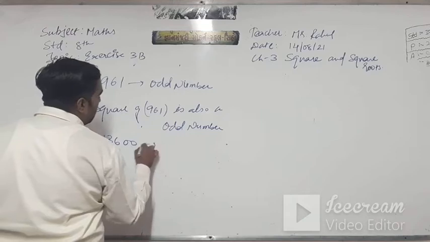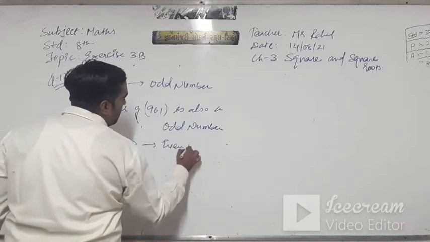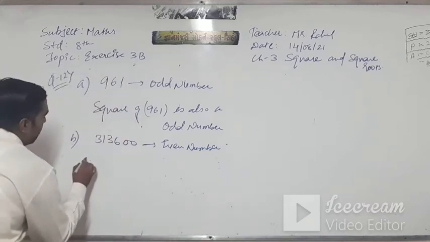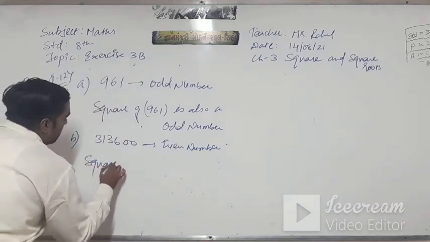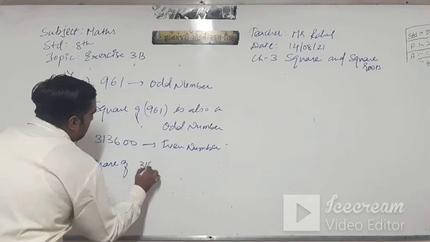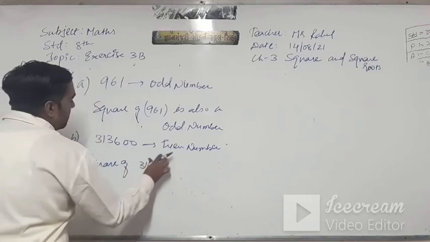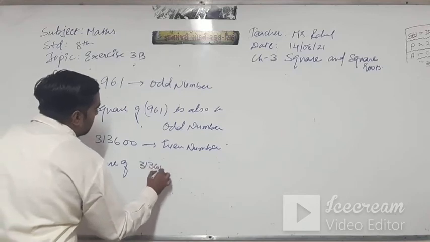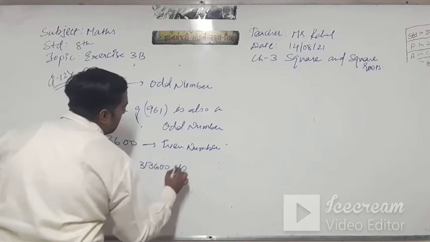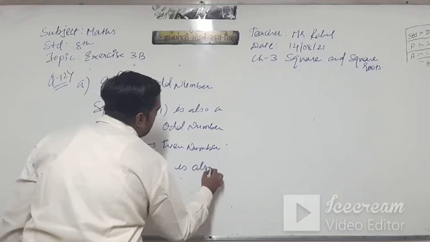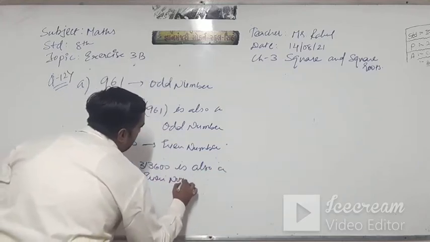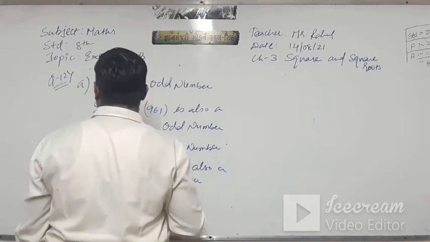This is an even number. So therefore we write that the square of 3600 is also an even number.